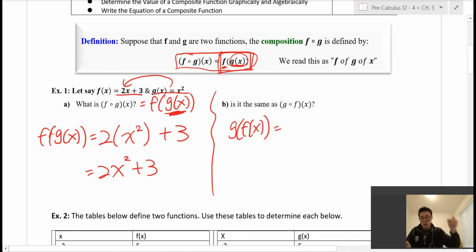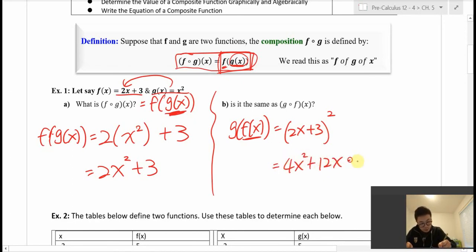So I'm going to start with g of x first. But when I look at g of x, it's just x squared. So instead of x squared, I'm going to replace that x with f of x, right? Because you can see x is being replaced by f of x. And f of x is 2x plus 3. Okay, so that's what g of f is. We can expand this. You should get 4x squared plus 12x plus 9.